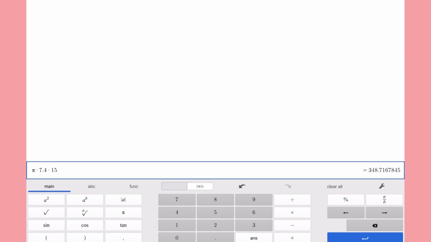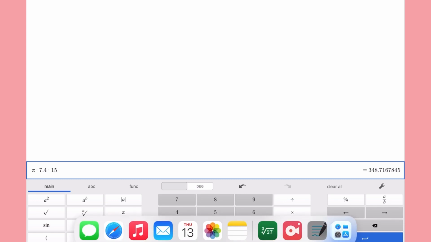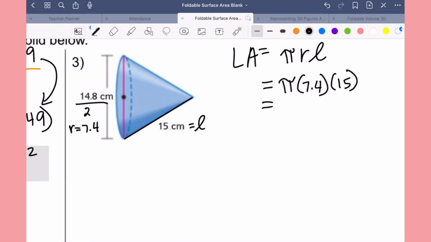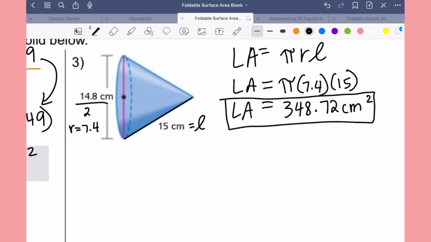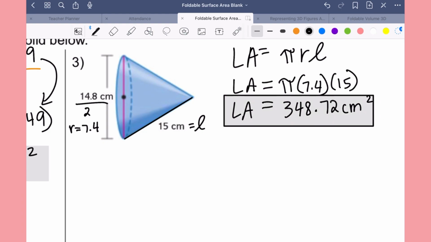So 348.72 centimeters squared. And there's your lateral. Remember, my lateral means I'm calculating all the walls, but not the base. So I basically calculated this part. That's what I calculated with the lateral, this right here. I'm not counting the bottom circle.